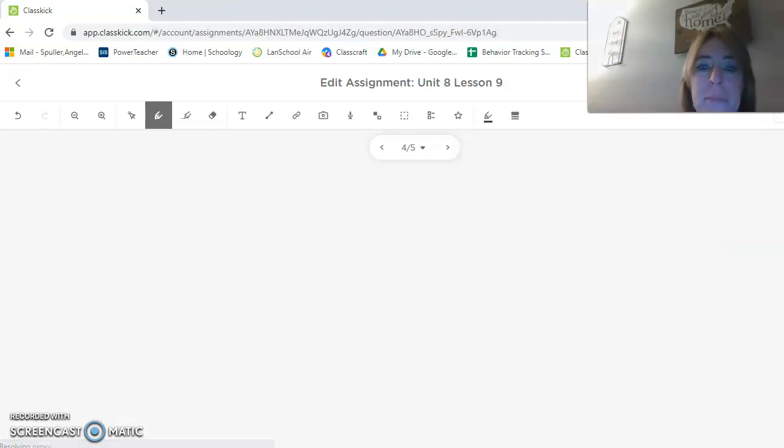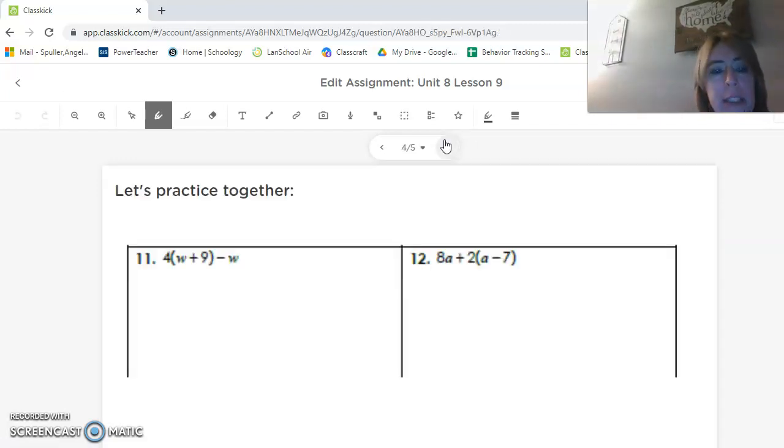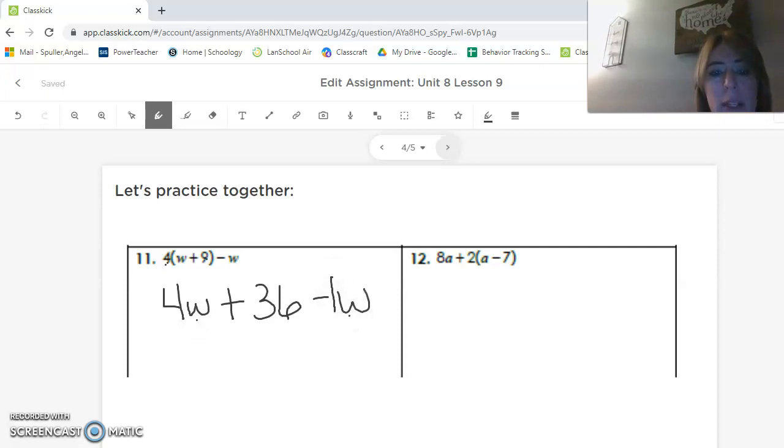All right, moving on. Let's practice these two together. Okay, so we're going to multiply first. 4 times 1w is 4w plus 4 times 9 is 36. And we have minus w. 4w minus, remember that's a 1w, is 3w plus 36.